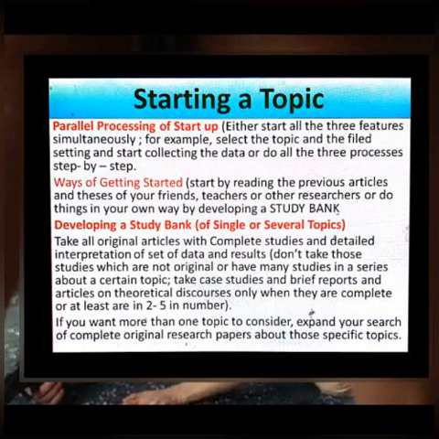You have to choose just one topic, and then download all the articles which are complete about that topic, or which are in a series of studies from 2 to 5.